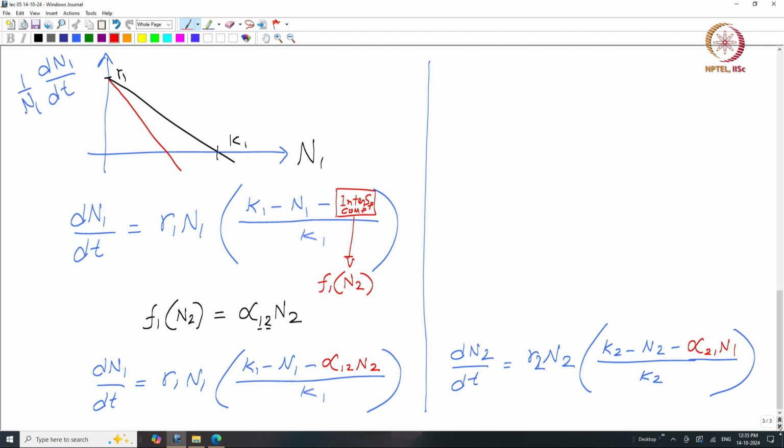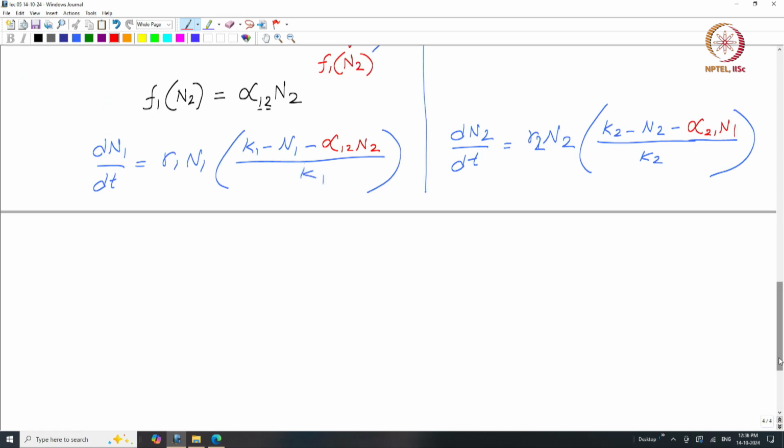So, now how do we make sense of these equations is what we will think about. Now, remember that the left hand side tells you the growth rate of the population, and the right hand side tells you how it depends on the current population sizes of both species 1 and species 2. Okay. So, how do we go about understanding these equations better?